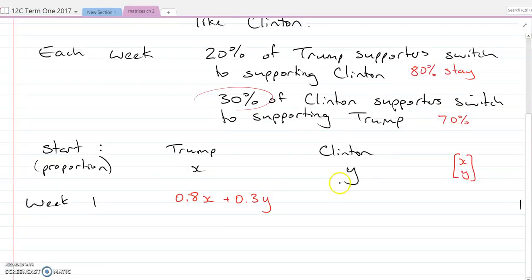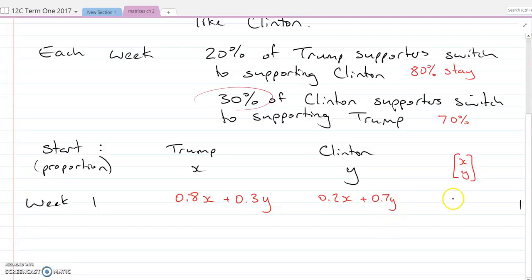Okay, now Clinton, what does she have? Well, how many of Trump supporters are now supporting Clinton? 20%, 0.2 of X. And, of course, 0.7Y, because 70% of her supporters are staying with her.